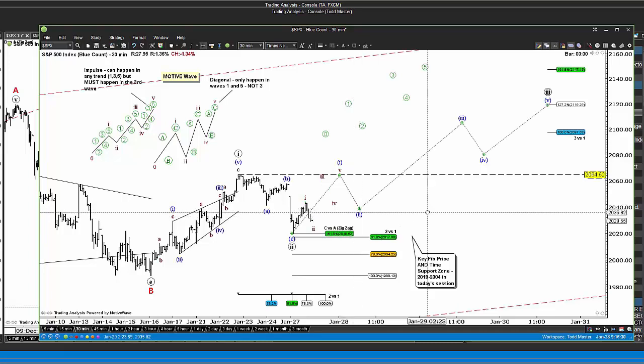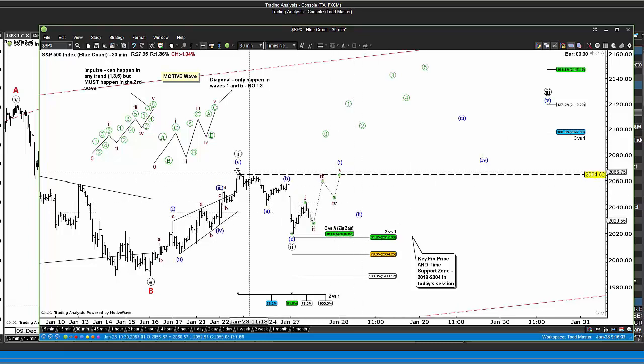What does that tell you? That tells you that traditional, highly visible technical resistance, everyone sees 2064. Anybody who's ever read a technical analysis book will be like, oh yeah, there's resistance up here at 2064. But guys, highly visible technical support and resistance, I feel, is the most subjective, ambiguous way to look at the markets.